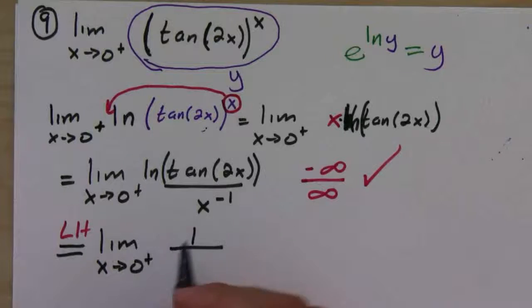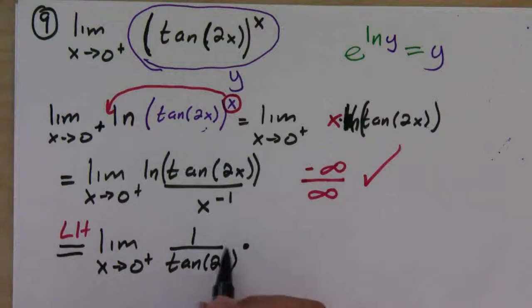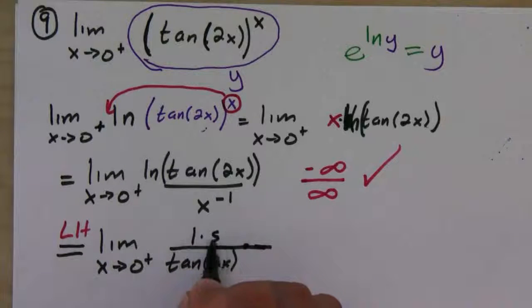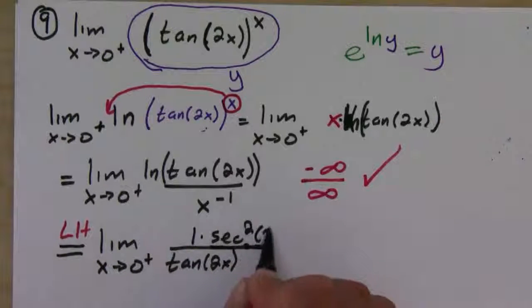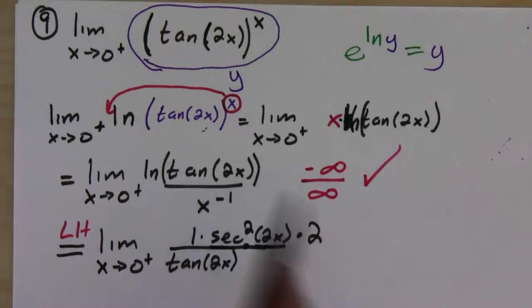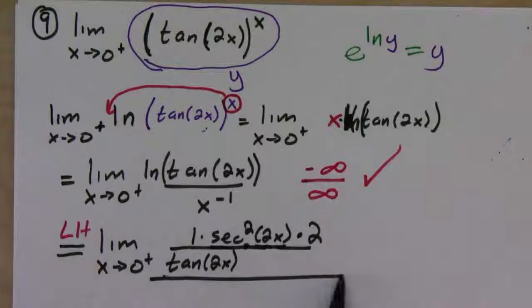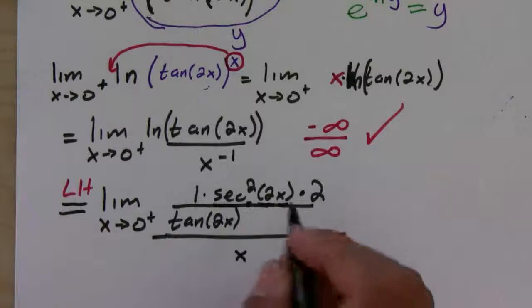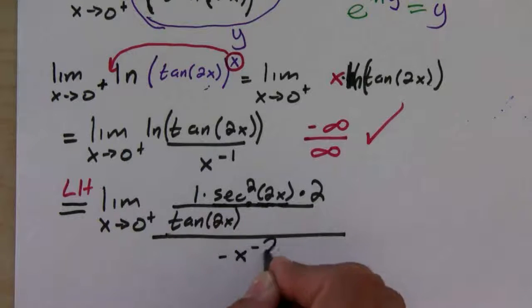This is 1 over tangent of 2x times the derivative of tangent of 2x, which is secant squared of 2x times the derivative of the inside, which is 2. Okay, and all of this is going to be divided by the derivative of x to the negative 1, which is negative x to the negative 2.